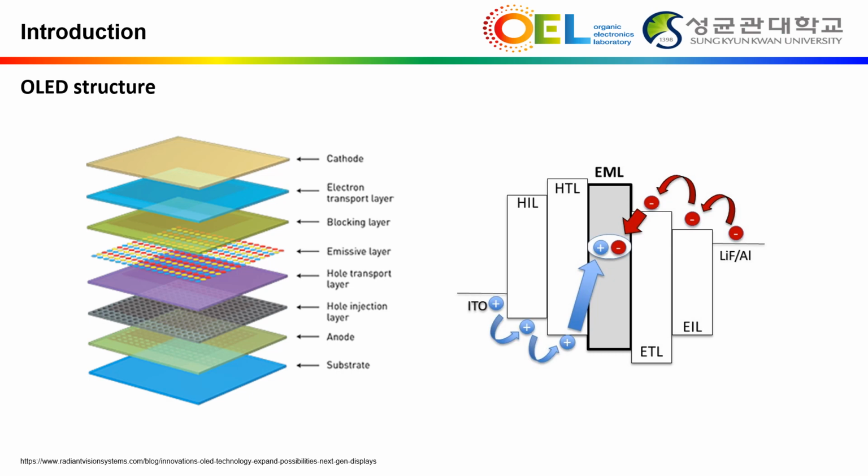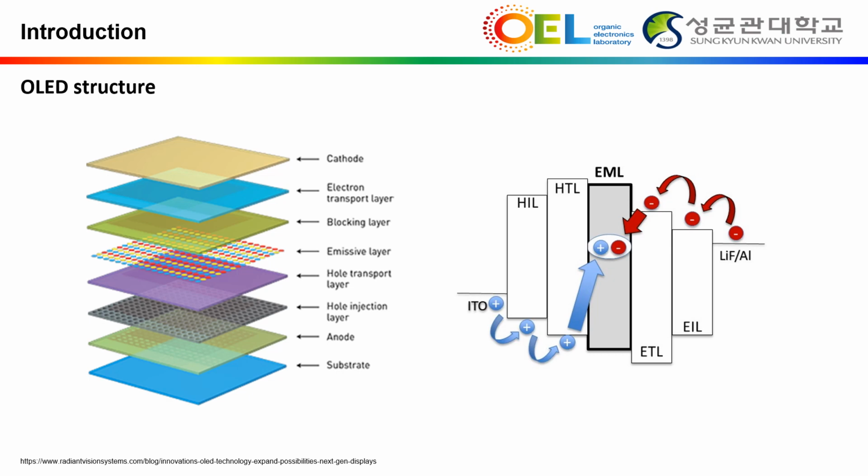The holes and electrons then move toward each other and meet in the emission layer, where they combine to form excitons. These excitons release energy in the form of light as they decay back to their ground state.